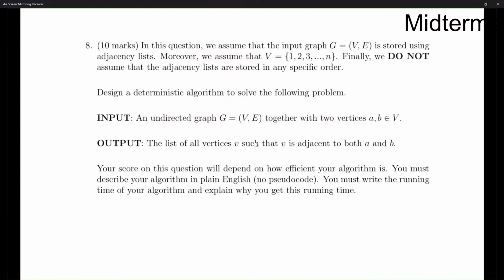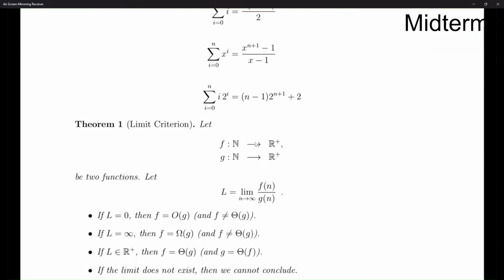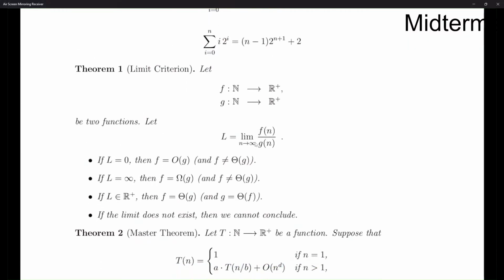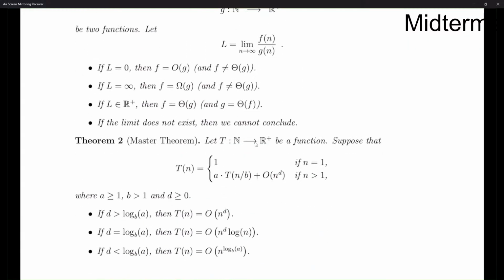I don't know how much better you can do, just DFS, how much better can you get? Oh, it tells me here, okay. It gives you the master theorem.